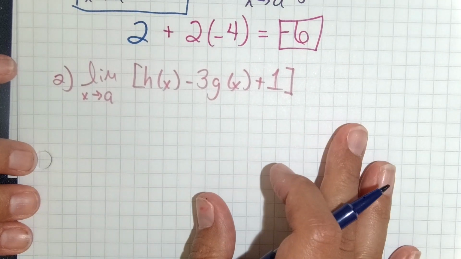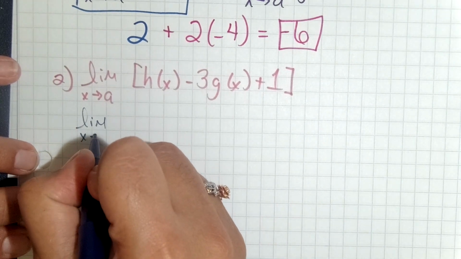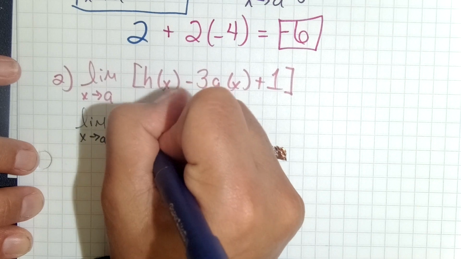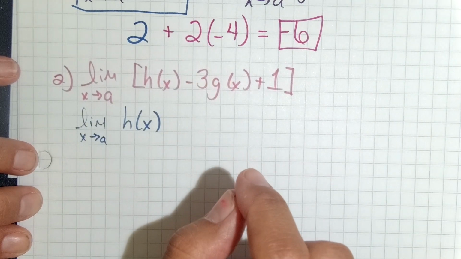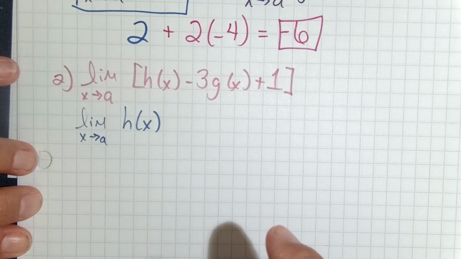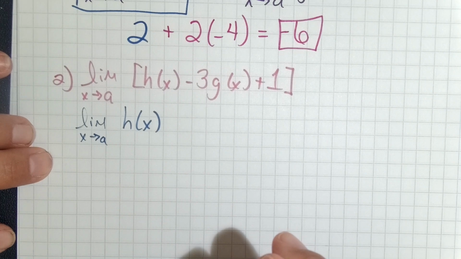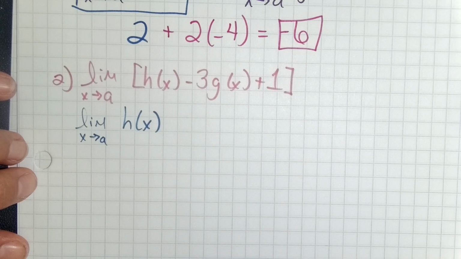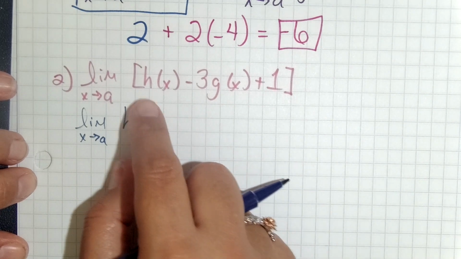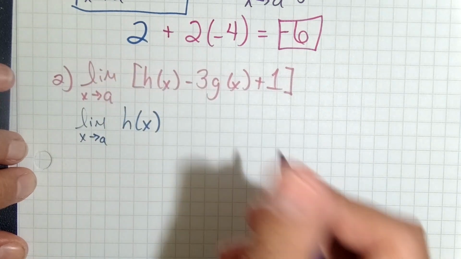So we need to split it up. The limit as x approaches a of h of x. What will go next? What operation comes next? Subtraction.